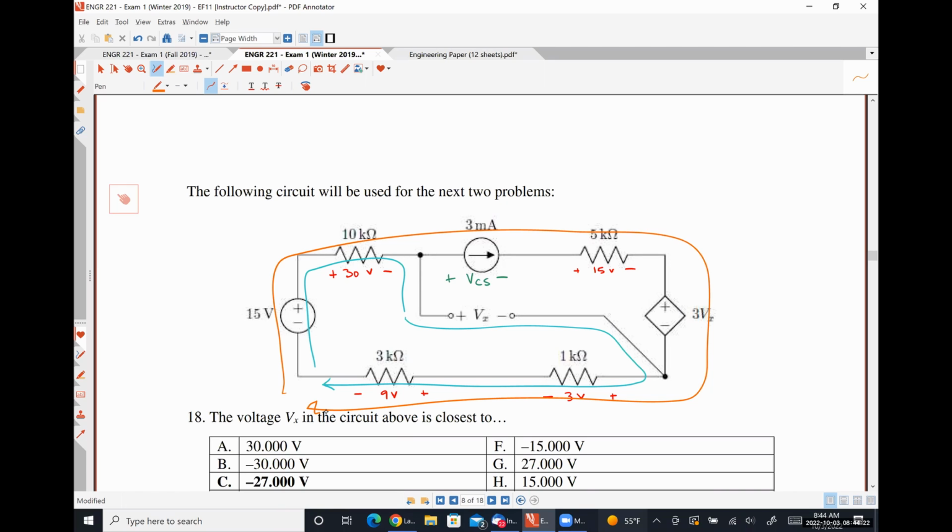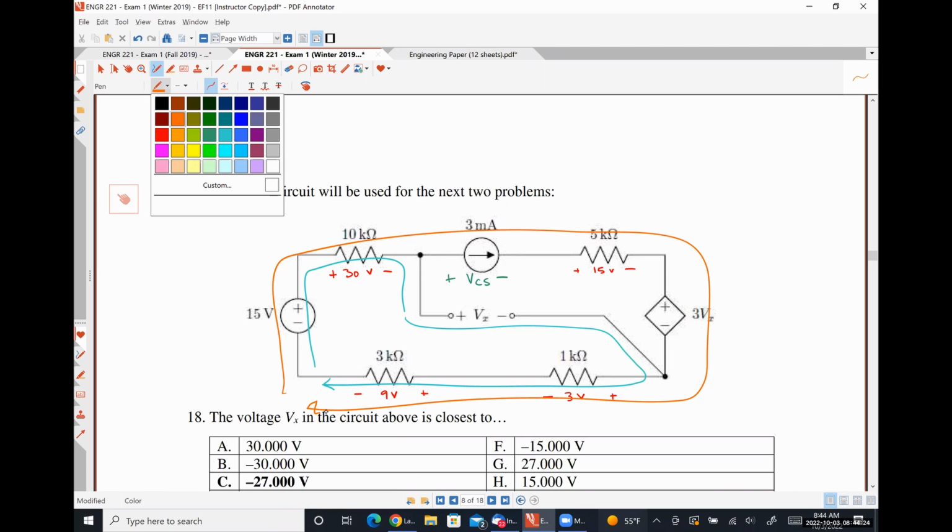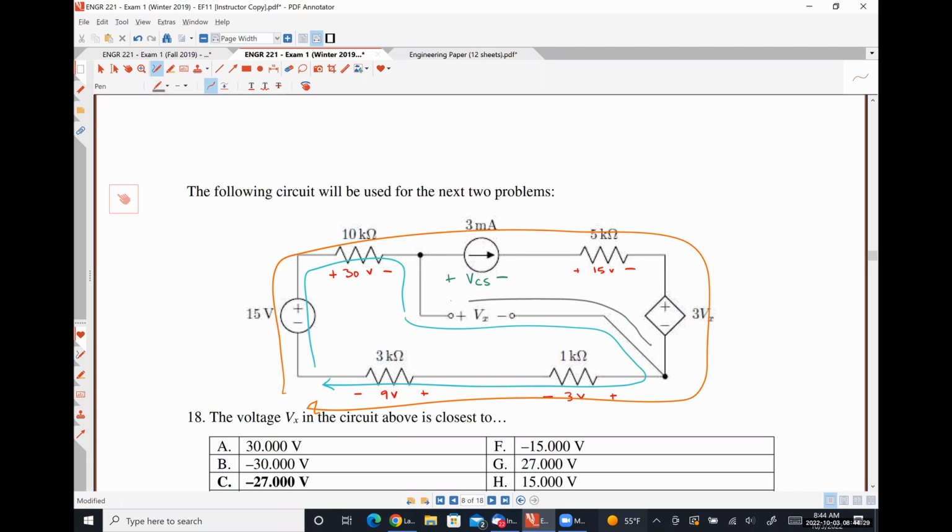You could. I think the suggestion here is, could you do this loop? And the answer is yes. KVL around any closed loop is always going to give you 0.